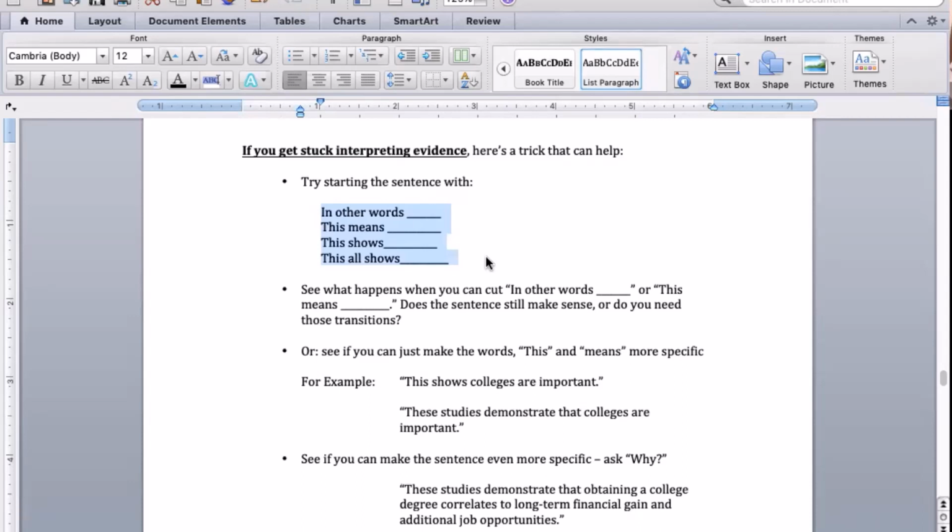So let me try if I can do a couple. That hand washing one: hand washing in the hospital setting has been shown to significantly decrease germ spread. The really pro move, if you can, so even that's okay. This shows that blank. The really pro move is, can you then take out the this or maybe even the shows?